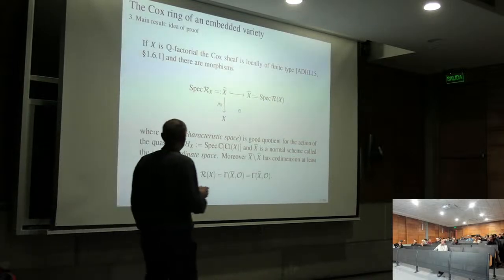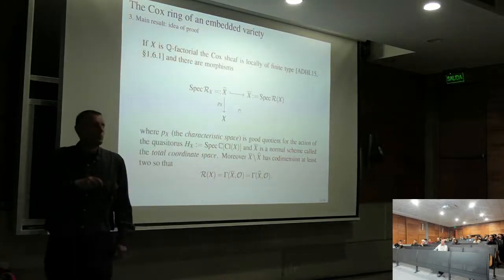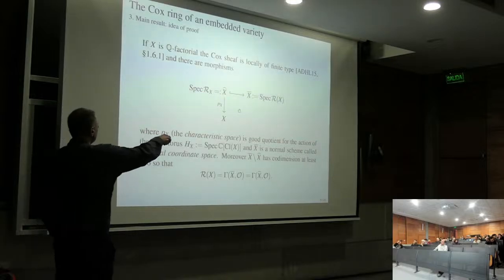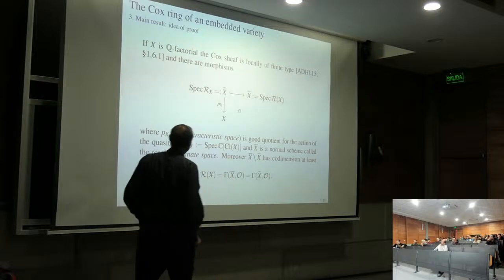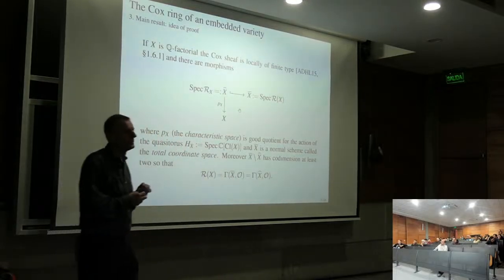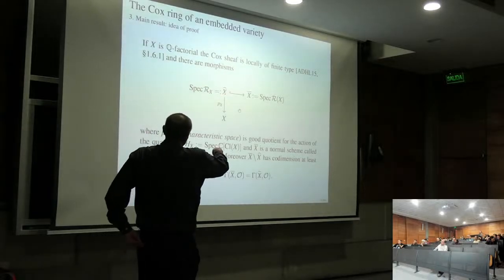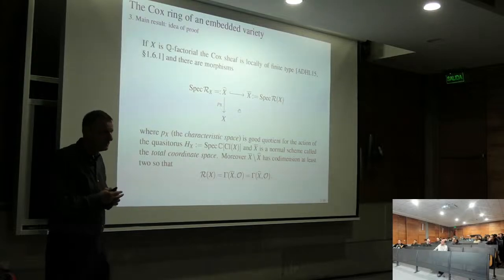And it is possible to prove that this embeds as an open subset into this one, that X hat is an open subset of X bar. Moreover, it has a complement which is of codimension at least 2. This complement is what is called the irrelevant locus.